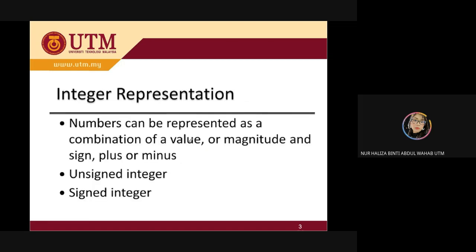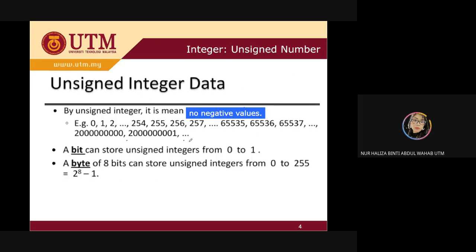Unsigned number has no negative value, and it is our day-to-day numbering system, so it's really easy for us to understand. The number starts from 0. That's why Alif mentioned that our lower bound for unsigned number will be 0.